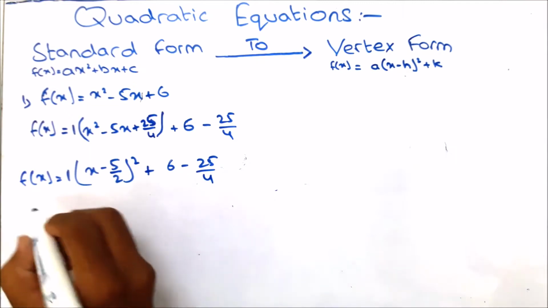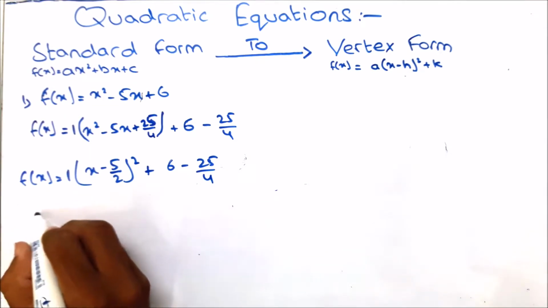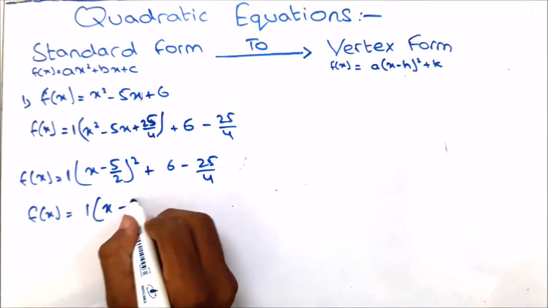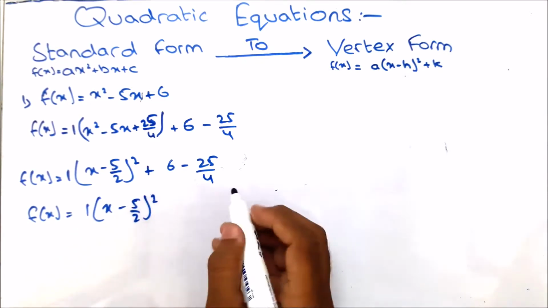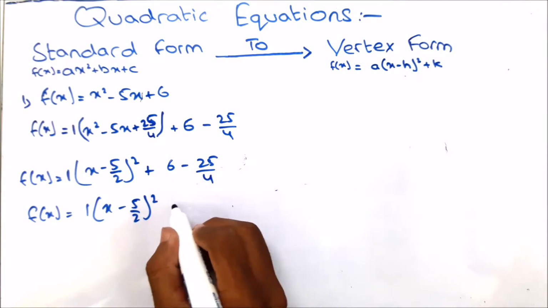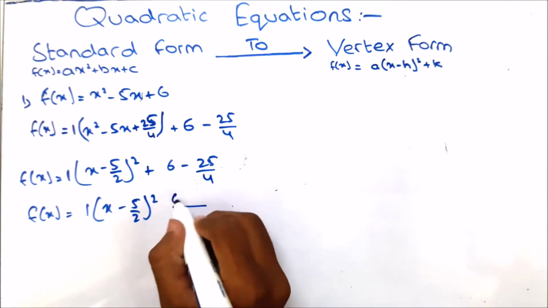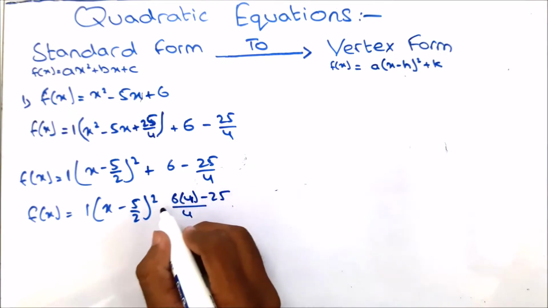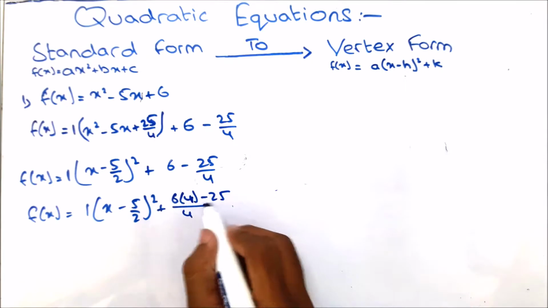Of x equal to, okay, now I have this x minus 5 divided by 2 whole squared, and now I will take LCM as 4, and 6 times 4 minus 25, over 4.